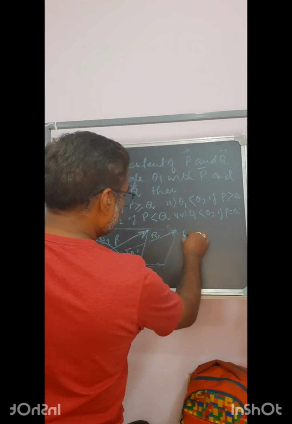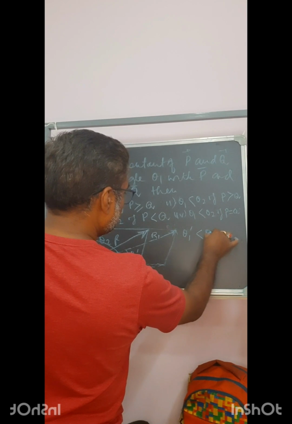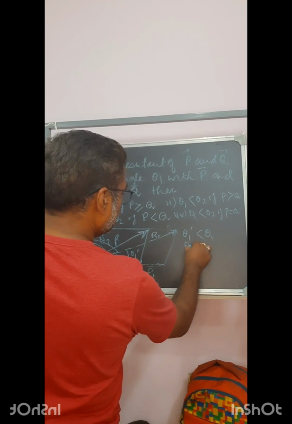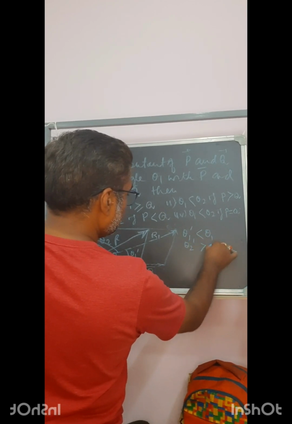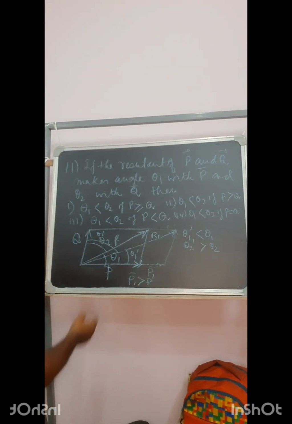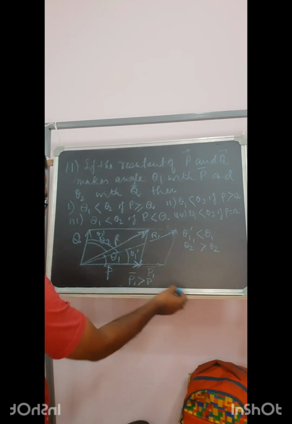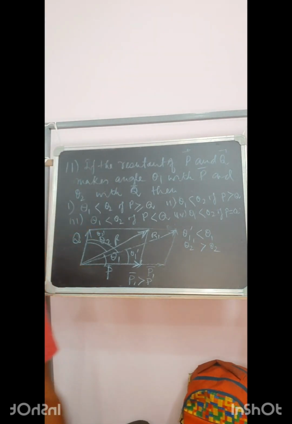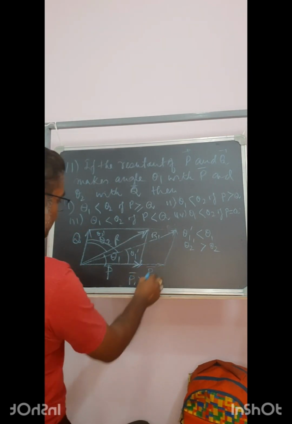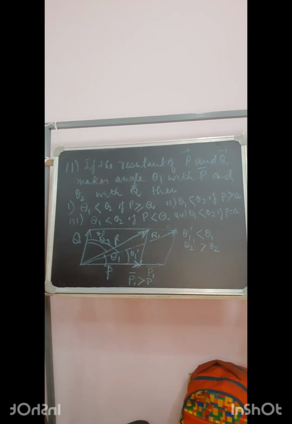So now we can say that theta 1 dash is lesser than theta 1 and theta 2 dash is more than theta 2. This new angle theta 2 is increasing because the resultant is leaning more towards the ground, as this vector P is increasing.